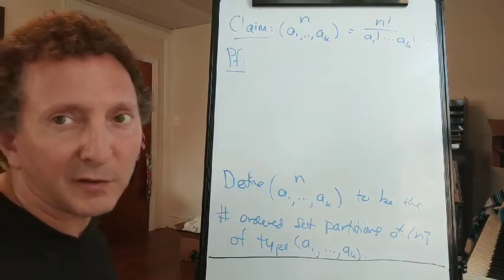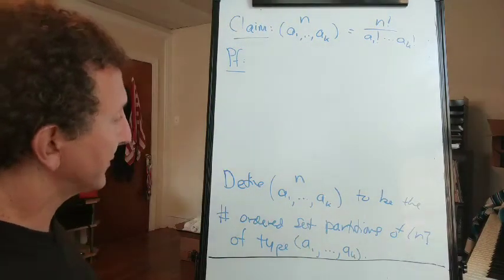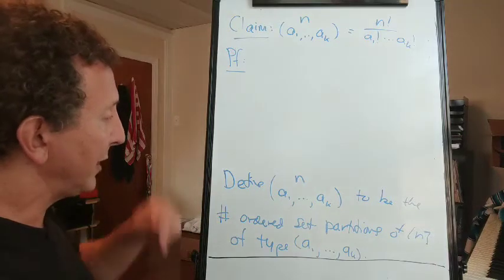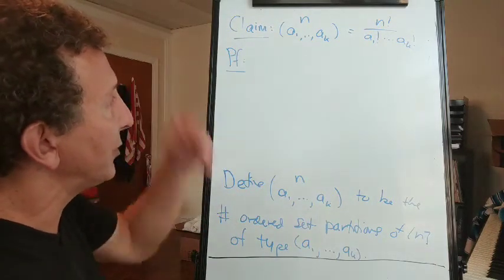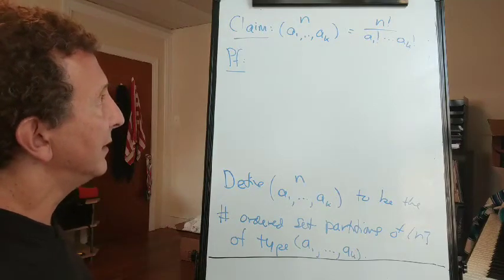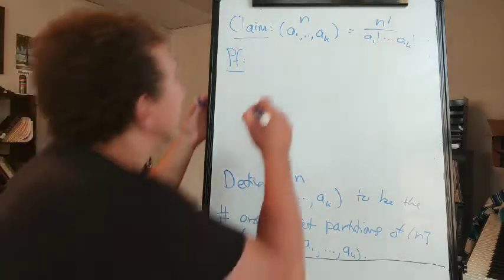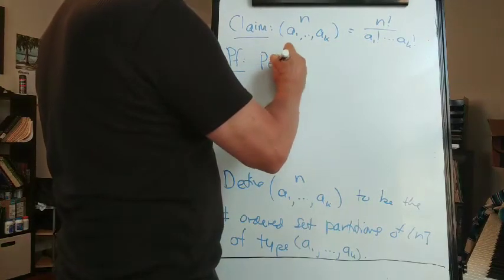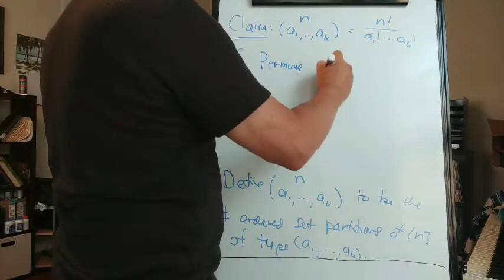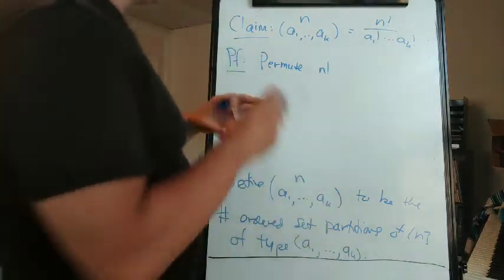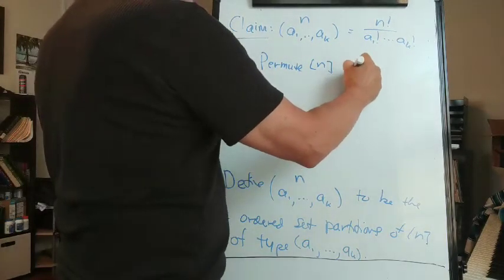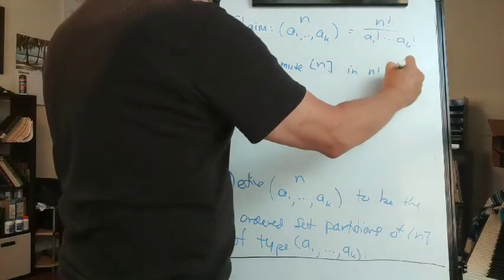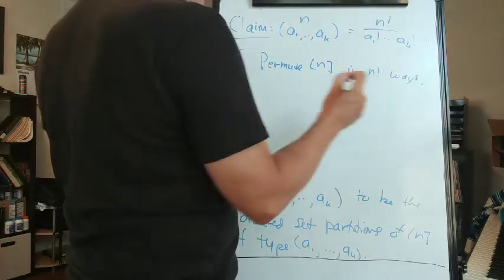And the proof is nearly the same as what we just did. To create an ordered set partition, we can permute the n numbers 1 through n in n factorial ways, and then we'll cut them into blocks. So we'll permute the set 1 through n in n factorial ways.